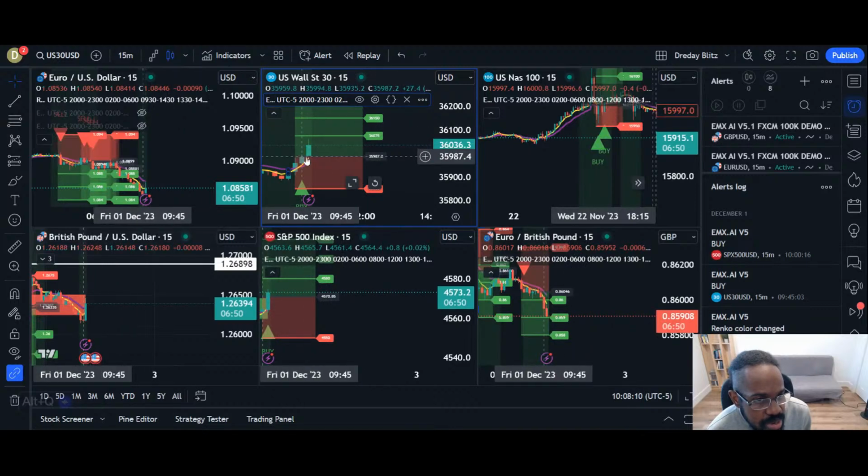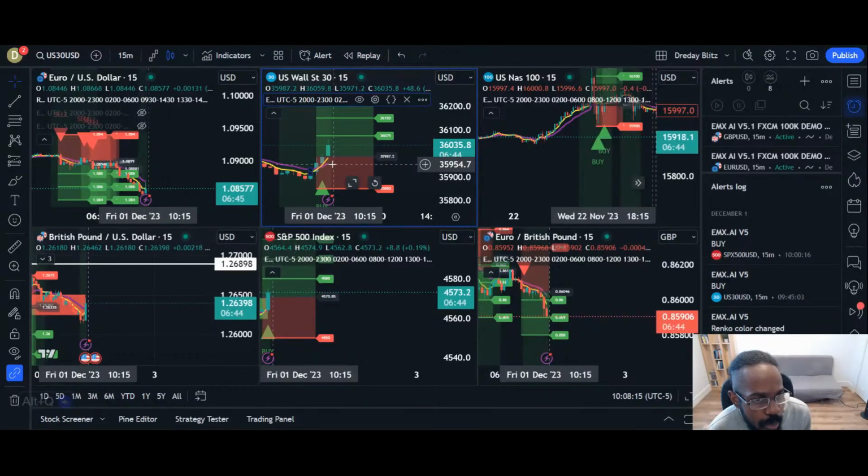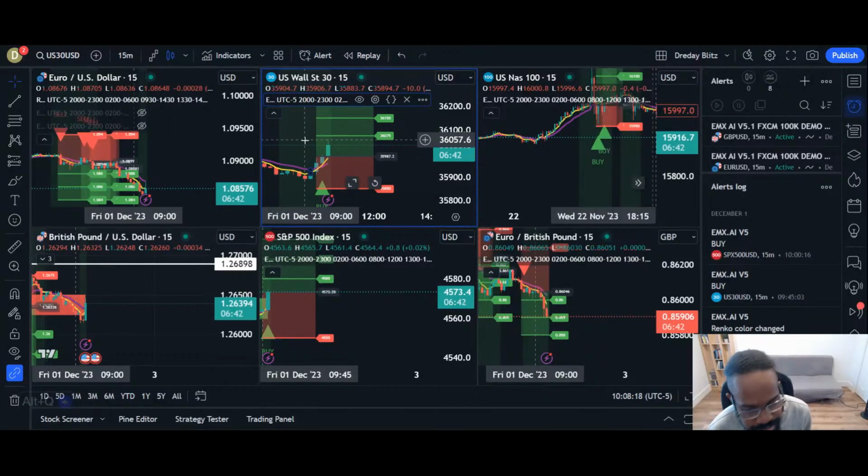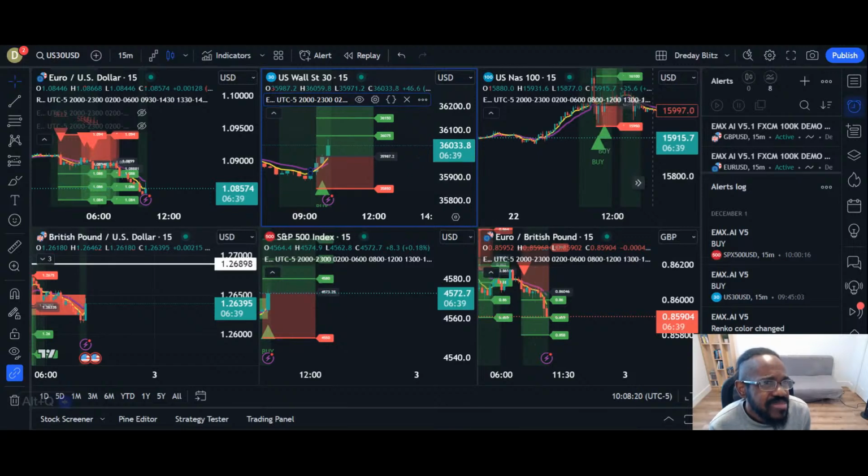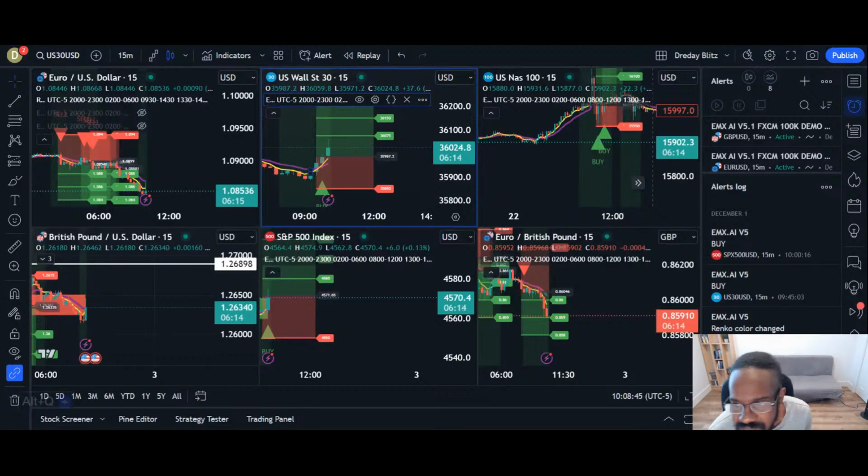This is your US 30, still pushing up. And there's some news at 10. Let me check. Yeah, there's PMI. PMI was at 10. So let's see what PMI says.